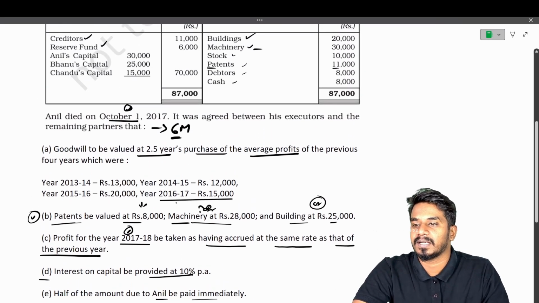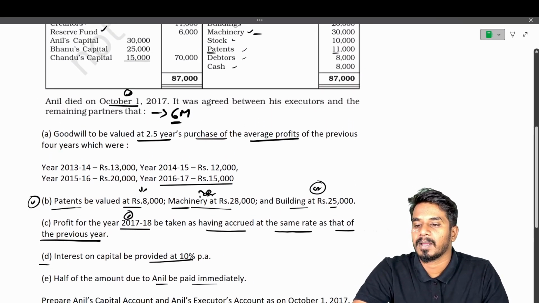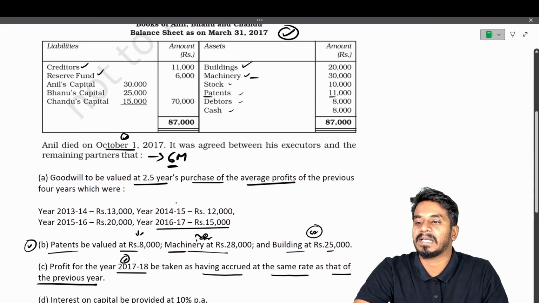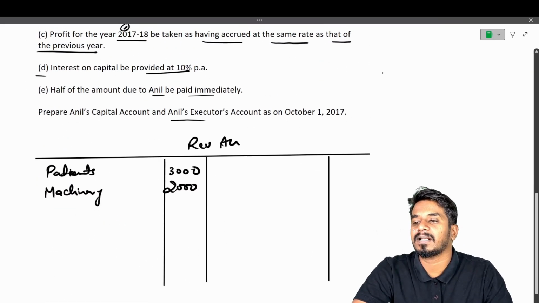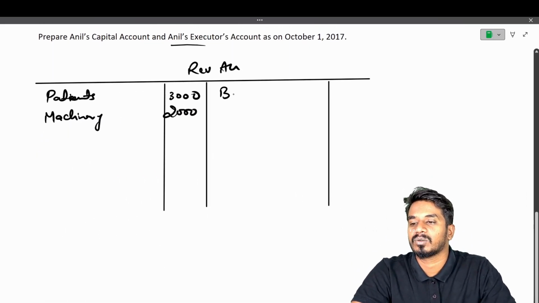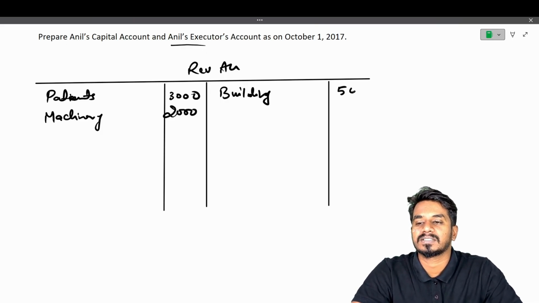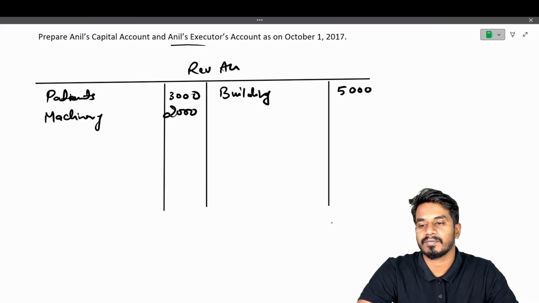So machinery depreciated by 2,000 rupees. Then what do we have? Buildings at 25,000. Buildings got appreciated by 5,000, which means it will get credited. So buildings, 5,000 increased, 5,000 we will show.